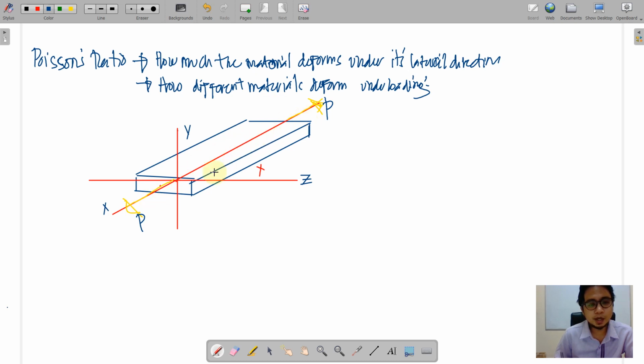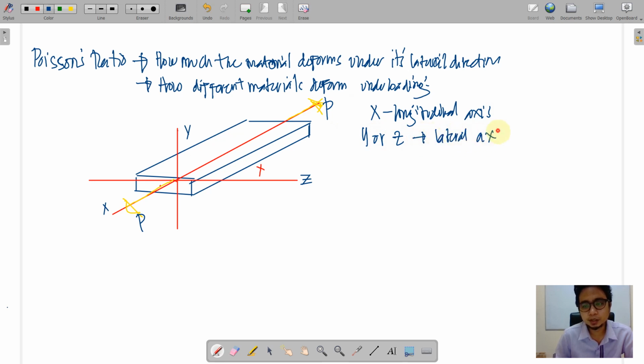Say if we have here p, no? So while it is being lengthened, of course, there will be a contraction on the other axis, okay, or the lateral axis. So x here is the longitudinal axis, and y or z will be the lateral axis.